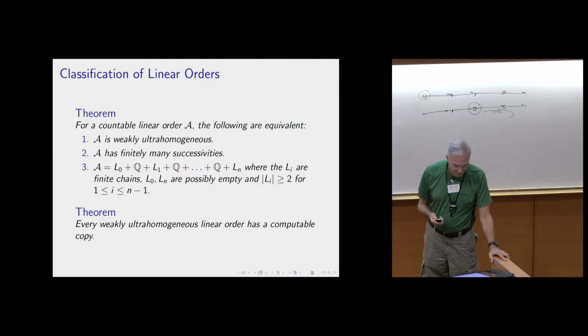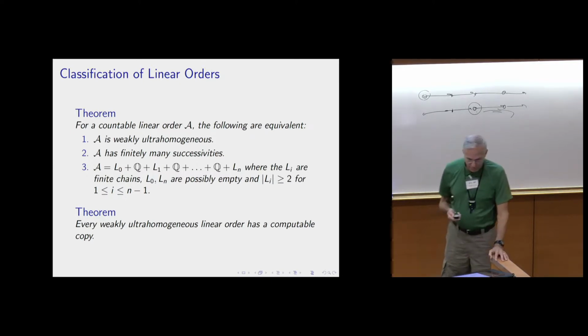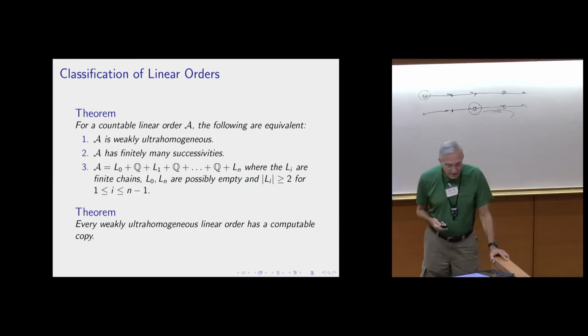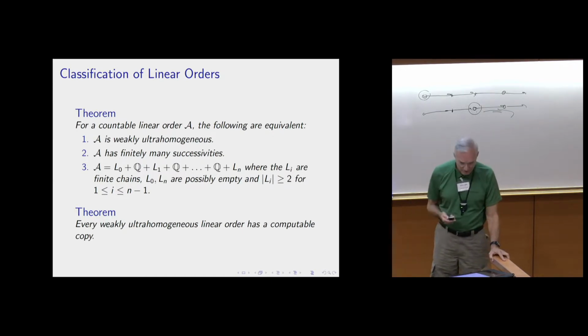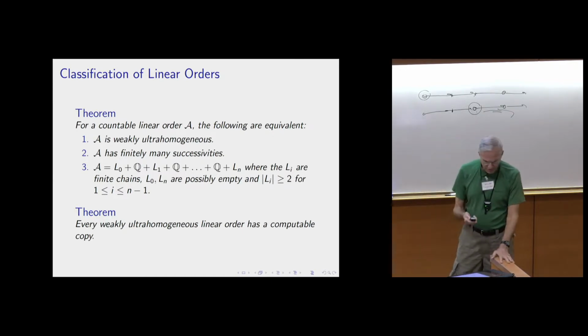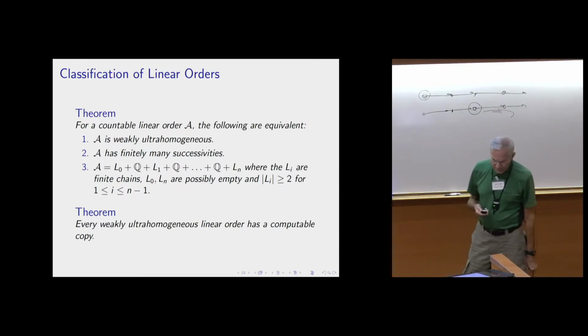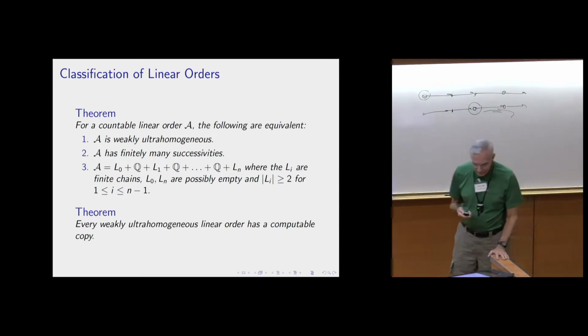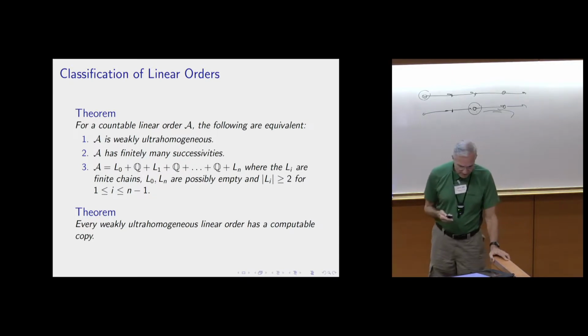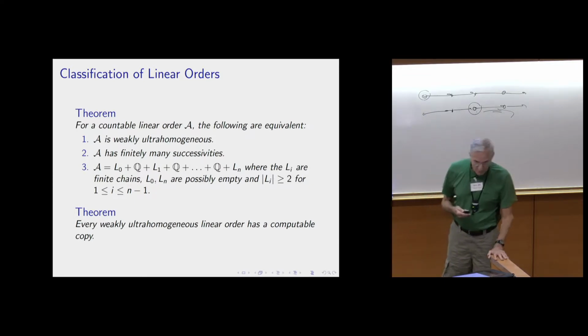So for computable linear orderings, it's well known that the computably categorical structures are those which have only finitely many successivities. So you can picture this shape of having a finite number of copies of the rationals and then finitely many points put in between or on the end. And then we show that this is equivalent to being weakly ultrahomogeneous.